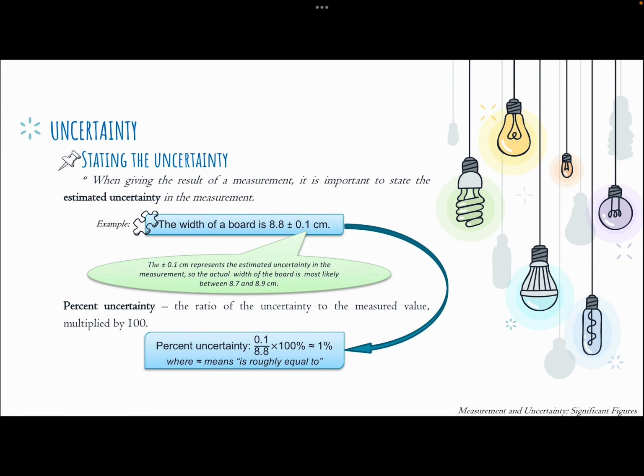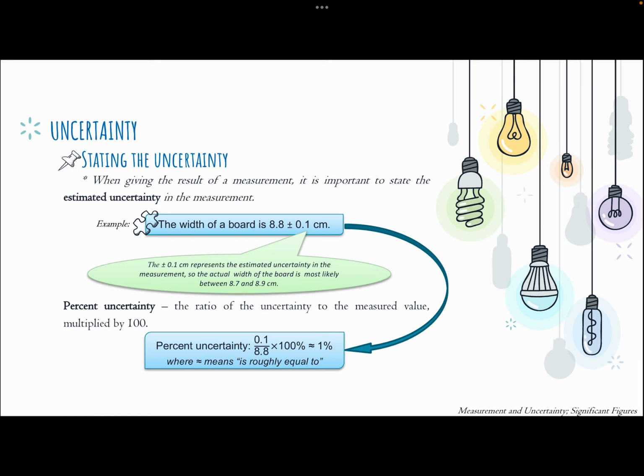Okay. So, when giving the result of a measurement, it is important to state the estimated uncertainty in the measurement. For example, we have here the width of a board is 8.8 plus or minus 0.1 centimeters.